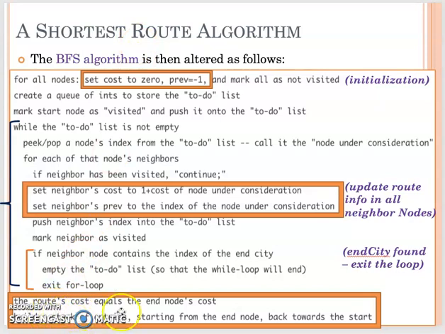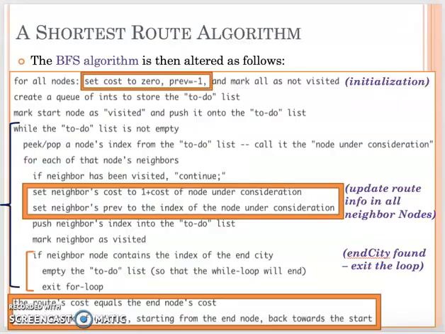Because you need to have your end node first. From the end node, you have the end node's proof value. So you push to the stack, starting from the end node, then you find the proof. Once your proof reaches the start, then your stack is established. So that's why you return the stack of your shortest route.